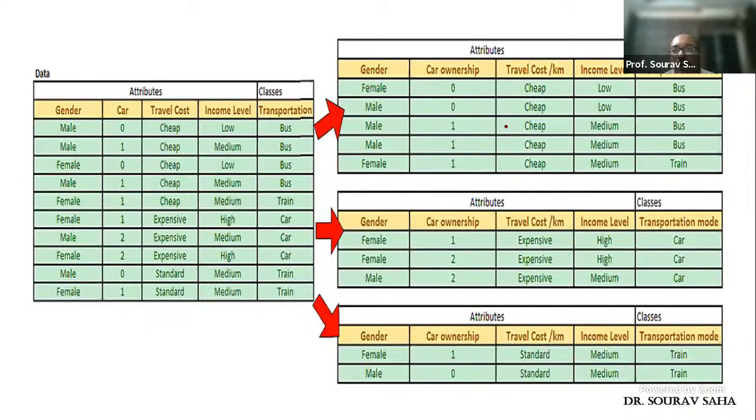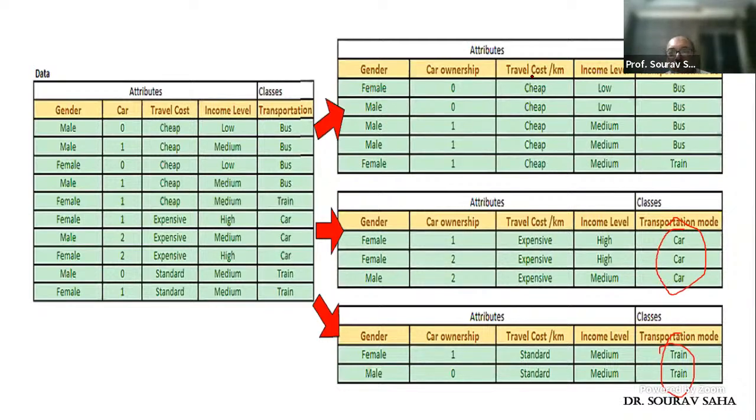So after I have done the split based on the travel cost, I see that this one has become homogeneous: travel cost expensive and travel cost standard, both of them are homogeneous. I don't need to split them further, right? No further splitting required.